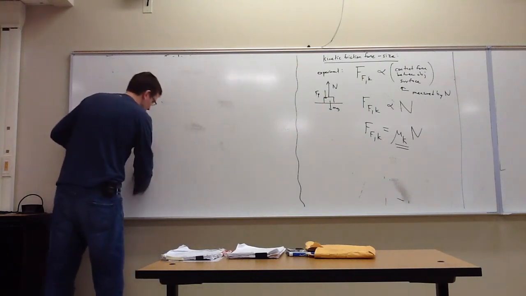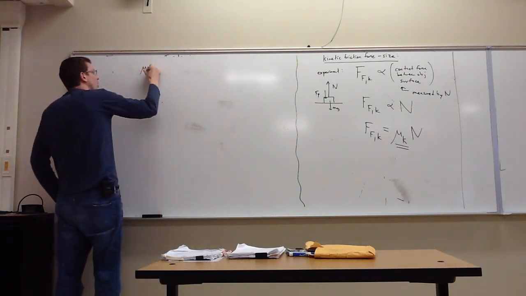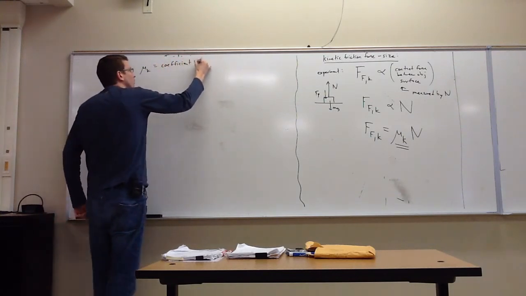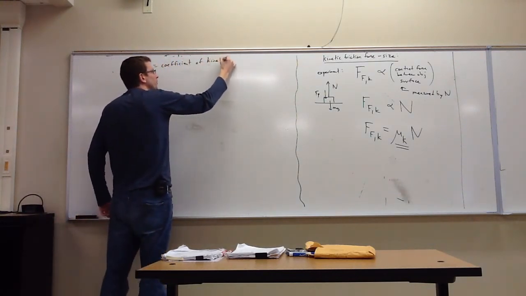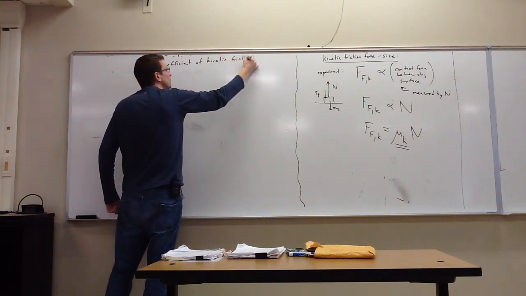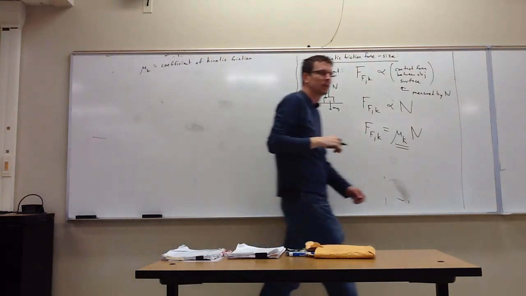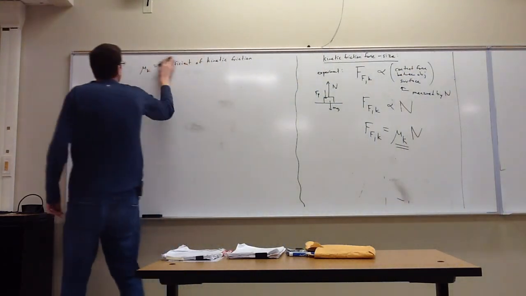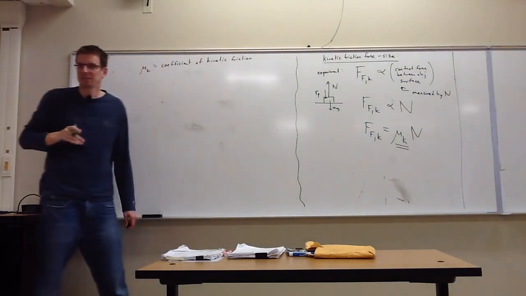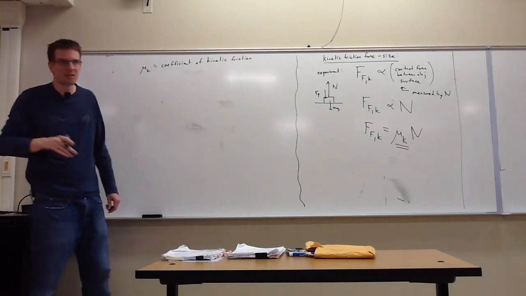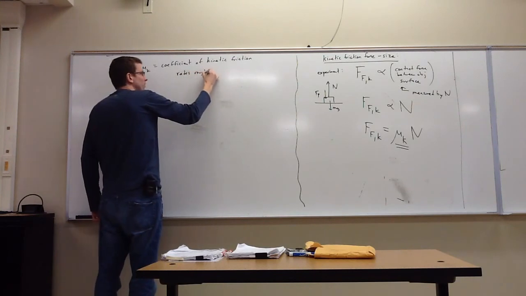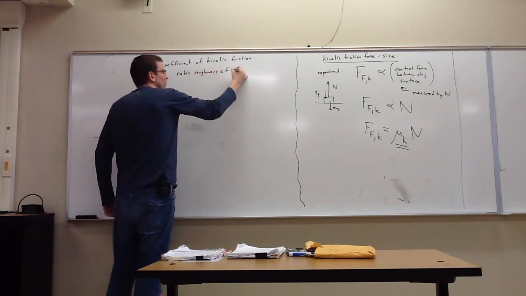Mu sub k is called the coefficient of kinetic friction. It is basically a rating for the roughness of the surfaces involved. It rates the roughness of the surfaces.